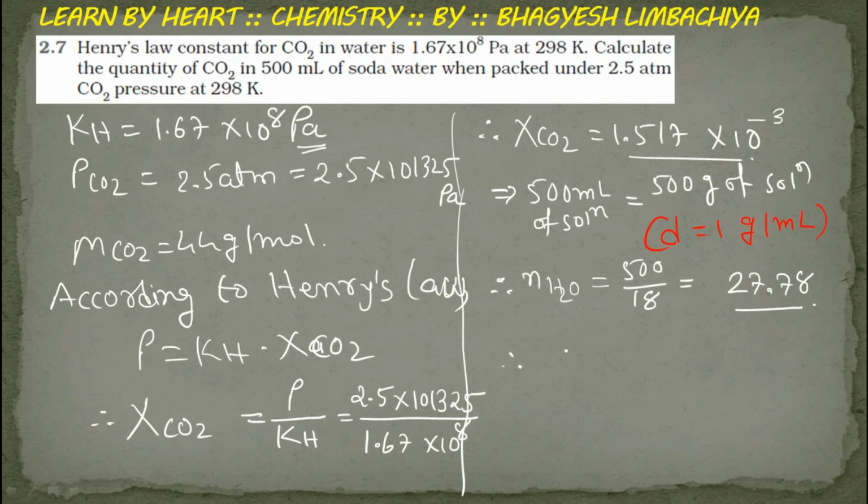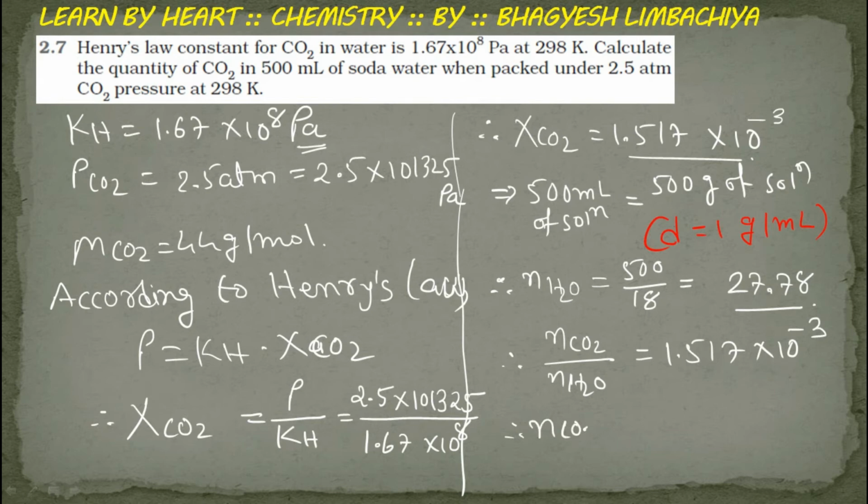So mole fraction means number of moles of CO2 upon total moles. Now number of moles of CO2 will be negligible because its mole fraction is so much less, so in the denominator it will be neglected. So n of CO2 upon n of H2O is 1.517 multiplied by 10 raised to minus 3.